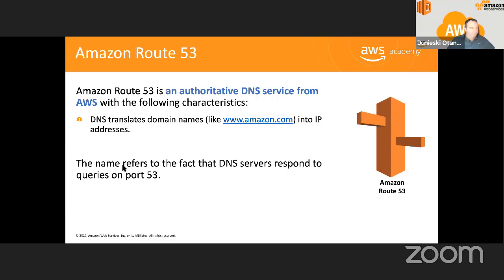Across regions. So we have here Amazon Route 53. When we have this guy, that is a high level. We are in a different dimension. When we use Route 53, which is a global service, a DNS service from AWS, with the following characteristics: DNS translates domain names like Amazon to an IP address.